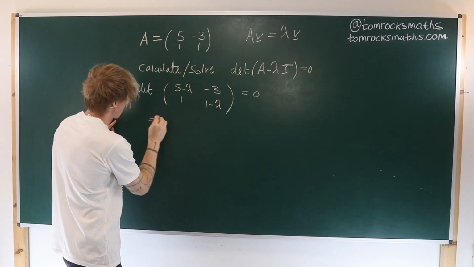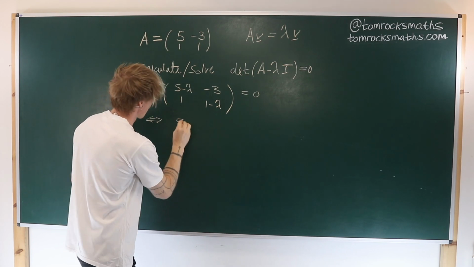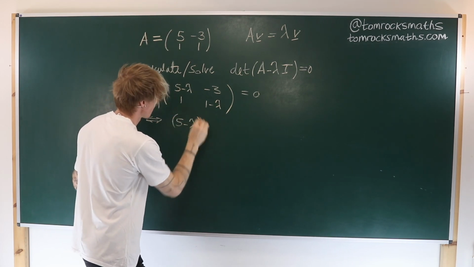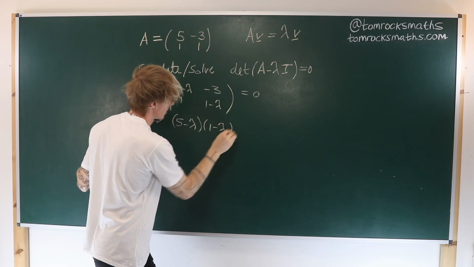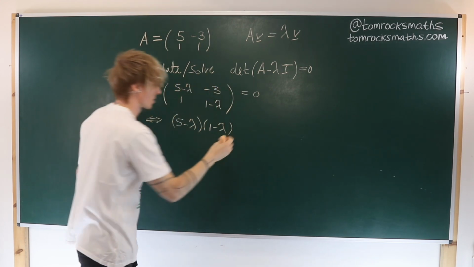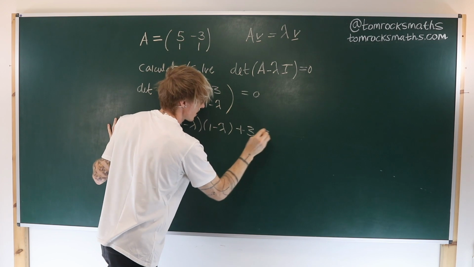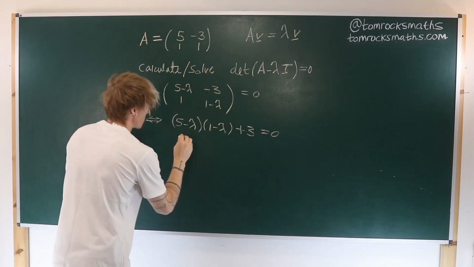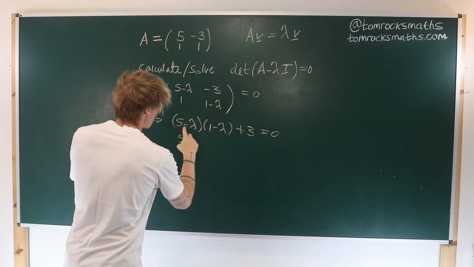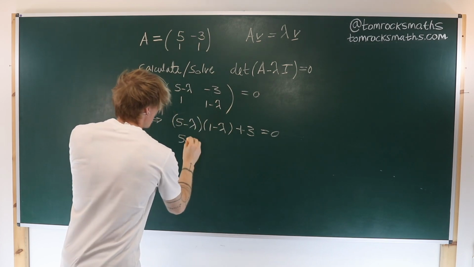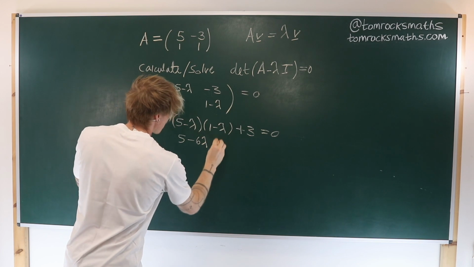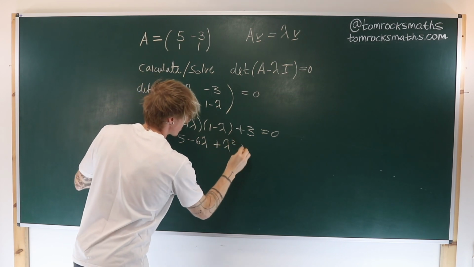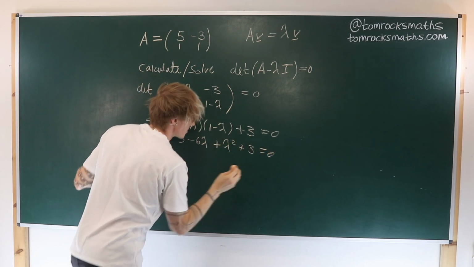So we can say that's equivalent to (5 minus lambda) times (1 minus lambda) minus (-3), so plus 3, equal to 0. So we're going to need to expand this bracket, which gives us 5 minus lambda minus 5 lambda plus lambda squared plus 3 equals 0.